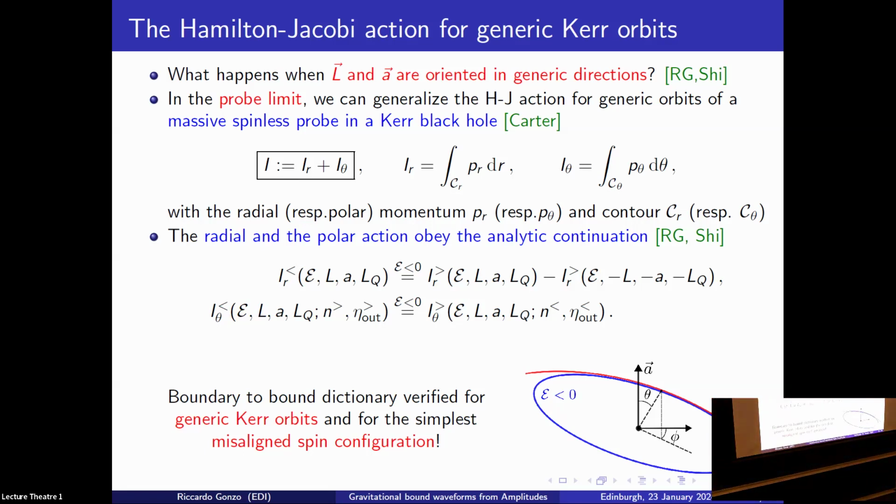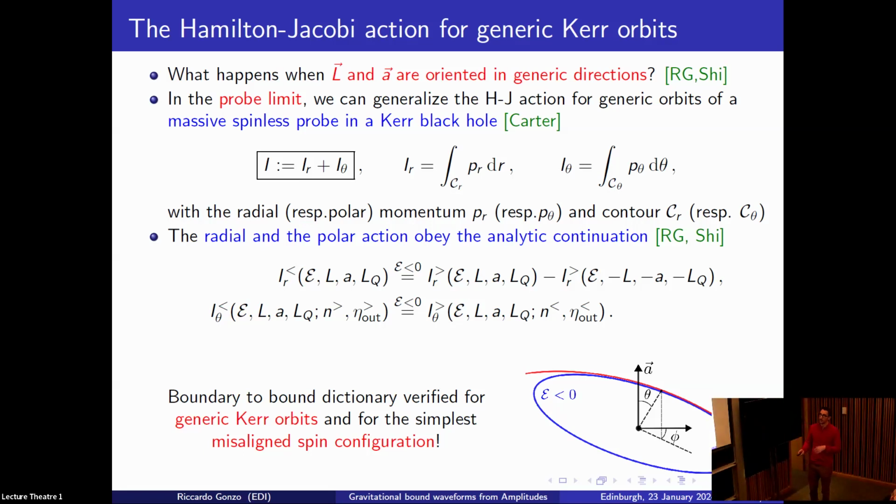You start with a geodesic and bend it a bit more by modifying the orbital parameters. So controlling the geodesic case is always a good stepping stone, especially if you look at extreme mass ratio inspirals, for example. I mean, you say probe limit. Are you allowing for spin on the probe? I assume you're not. No, not here.